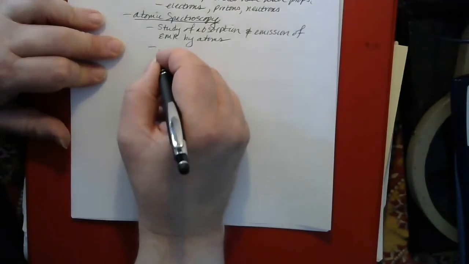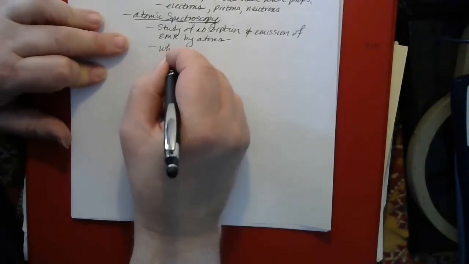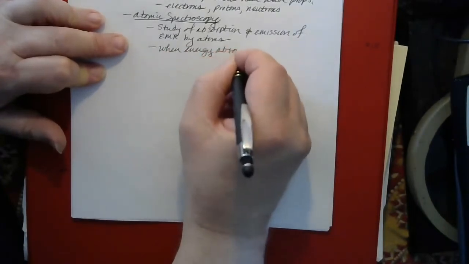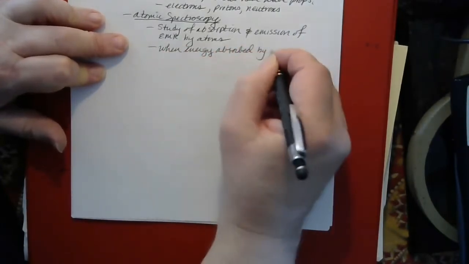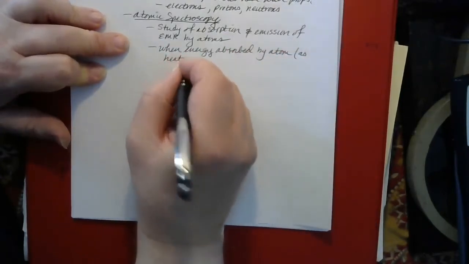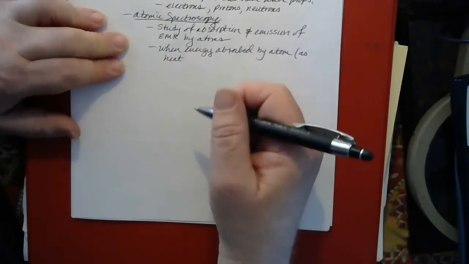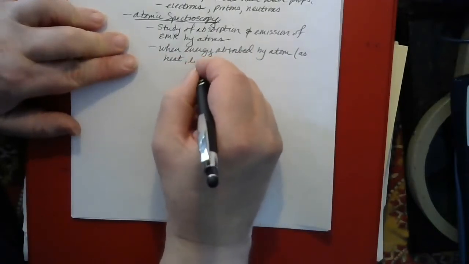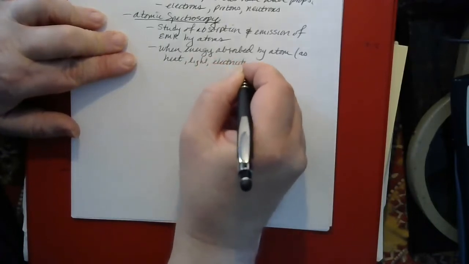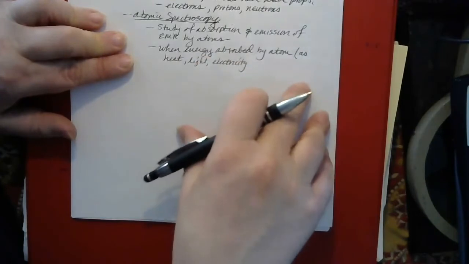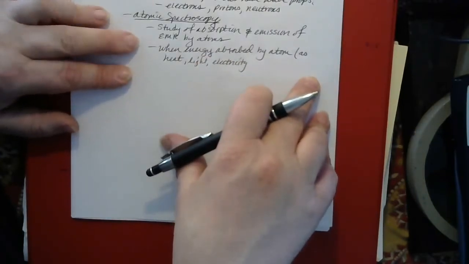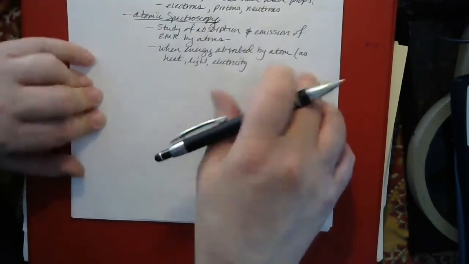When energy is absorbed by an atom, and energy can be absorbed by an atom in the form of heat or light or electricity, for example, it's often released as electromagnetic radiation.